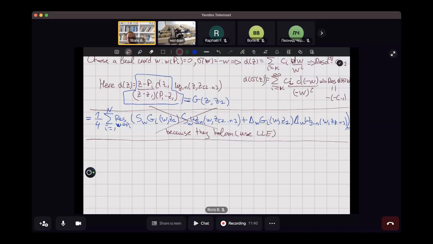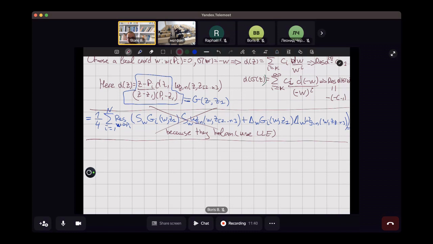Okay, and then let me look at this. I want to again rewrite this delta delta line.